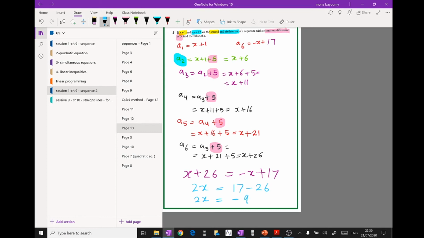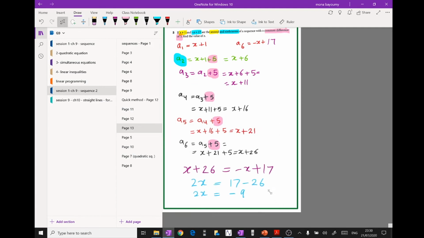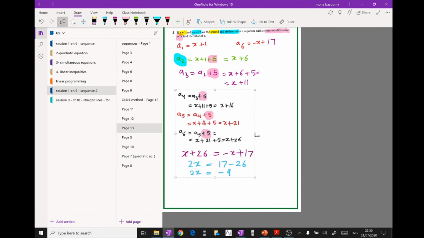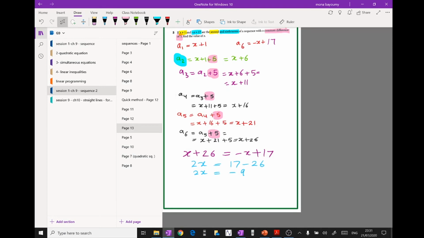To find the value of x, I have to divide both sides by 2. So 2x divided by 2, and negative 9 divided by 2, so x is equal to negative 4.5. Okay, and this is our answer. I think it's so easy.